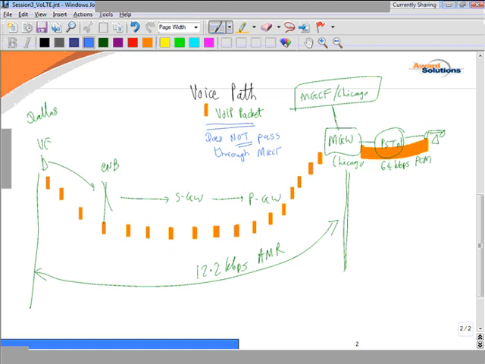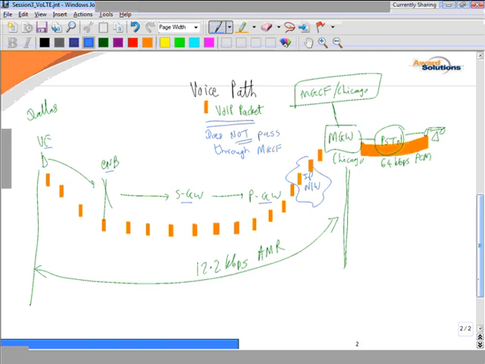The voice over IP traffic itself, your real speech, is going between UE, eNodeB, serving gateway, PGW, this is the IP network, media gateway, right? A media gateway into the PSTN. So that is the end-to-end path. So MGCF has no role here in forwarding the voice over IP traffic.